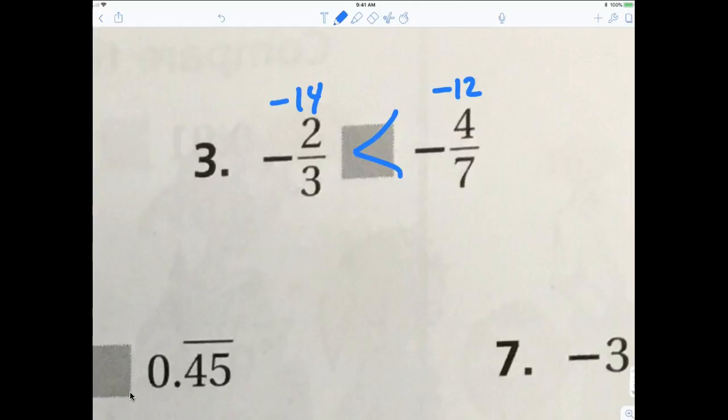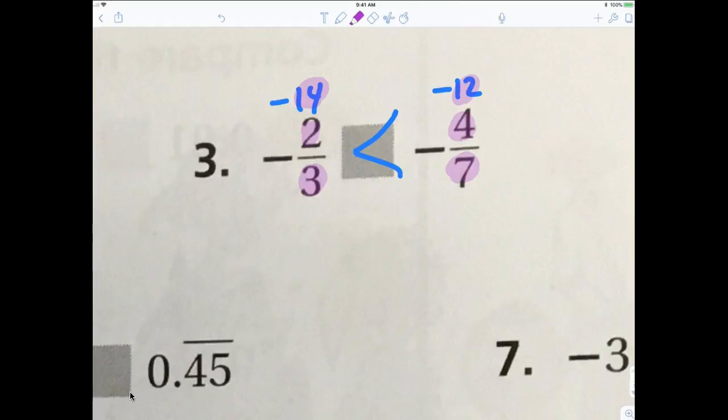Which one do you think should multiply? And the last one you did. Don't you have to get the same denominator?